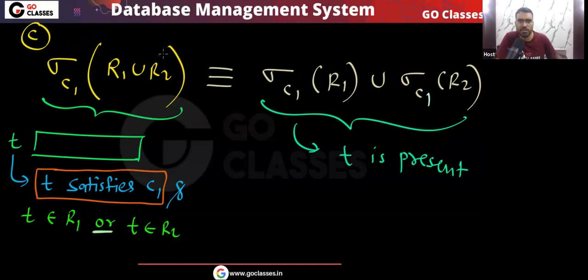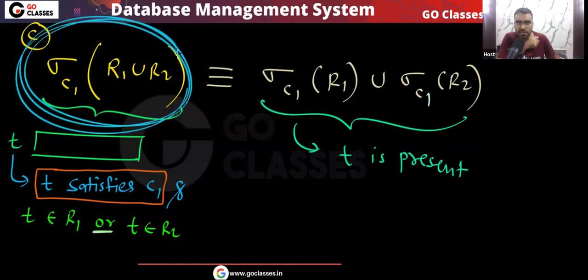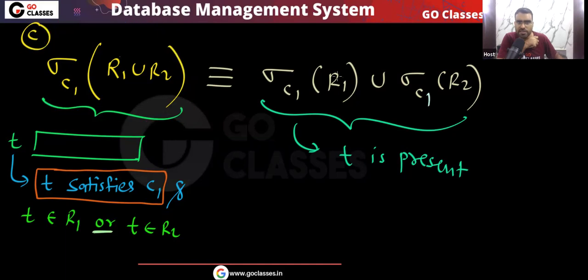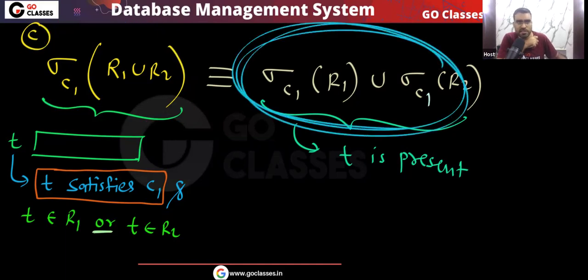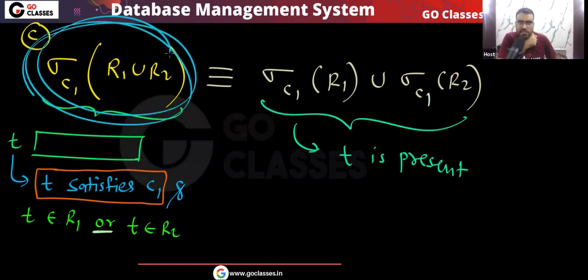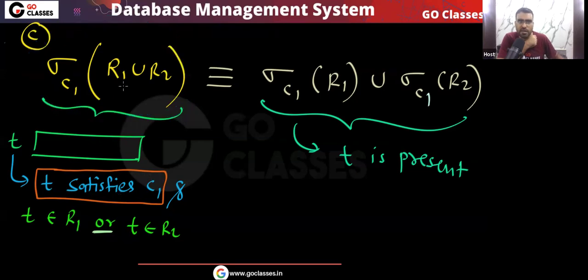Very simple point. See, look at this query. I'm telling you that in this result, if you have tuple T, then that tuple will also be there in this result. Now, in this result, if I have tuple T, then it means tuple T satisfies condition C1, and this T must be either in R1 or in R2. Remember T satisfies C1, so there is no problem.